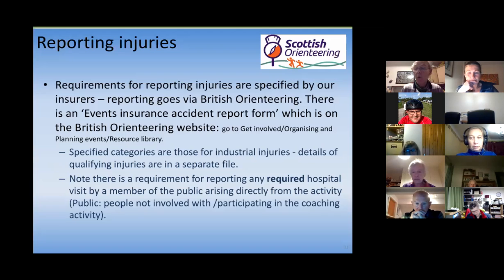And it says required, and the distinction is between required and precautionary. So if a member of the public gets hurt during an orienteering activity like coaching, and somebody says, oh, I'm uncertain, perhaps as a precaution we should send them to hospital, there isn't a requirement for reporting that. If there is no doubt about it, this person needs to go to hospital, there's a requirement for reporting. Okay?